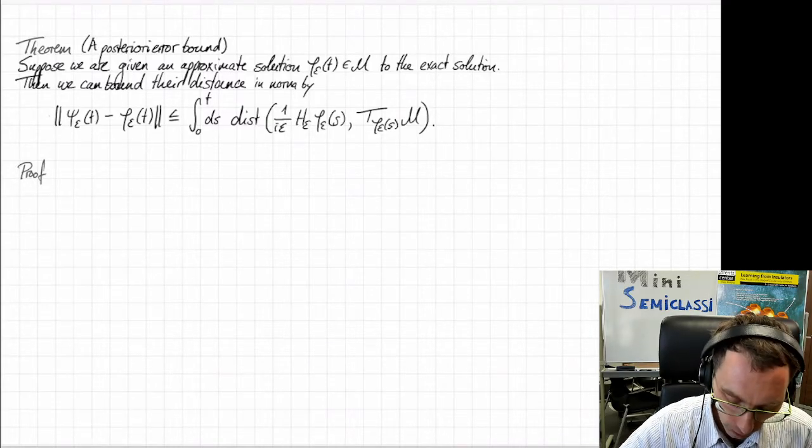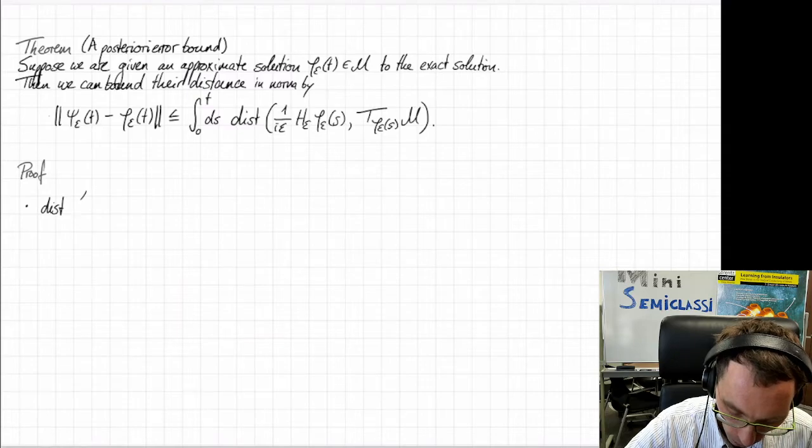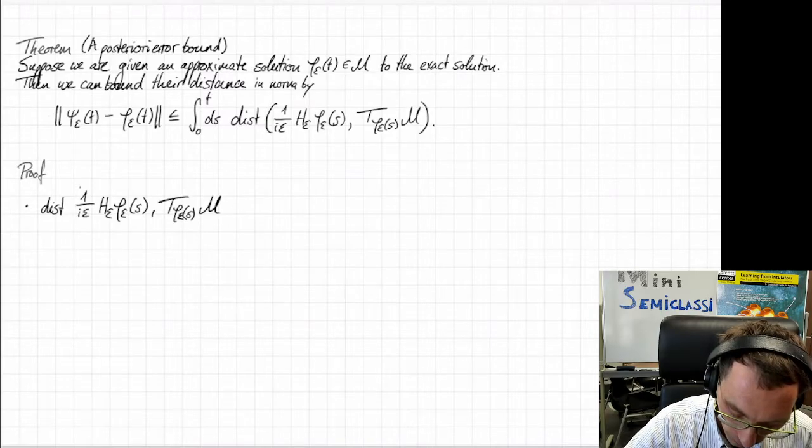So this here tells the first thing that we will do is we can estimate the distance of 1 over i epsilon times h epsilon applied to phi epsilon of s to the tangent space at phi epsilon of s.